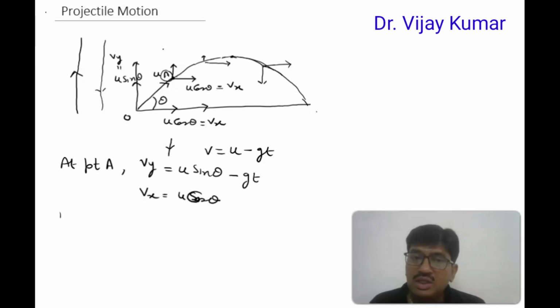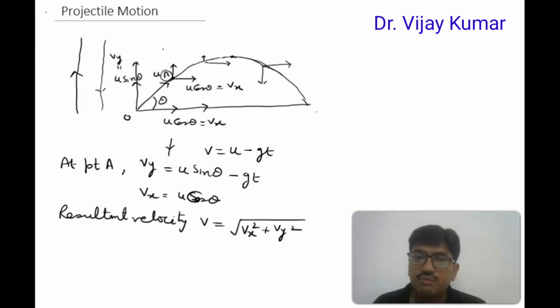So the resultant velocity at any point, v, becomes the square root of vx square plus vy square. That is, v is equal to the square root of u square cos square theta plus (u sin theta minus gt) whole square.